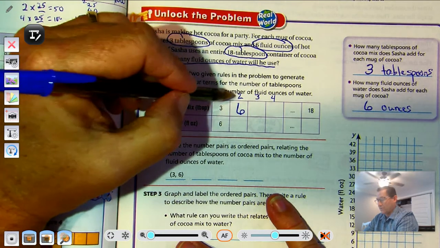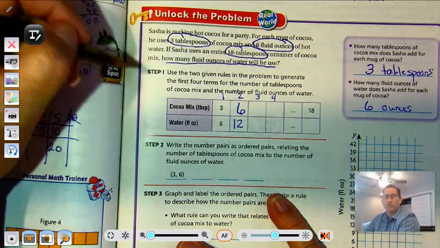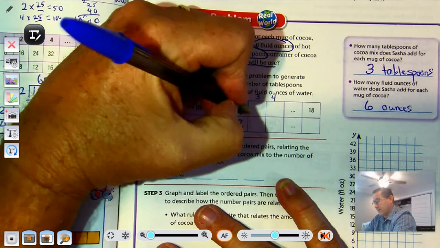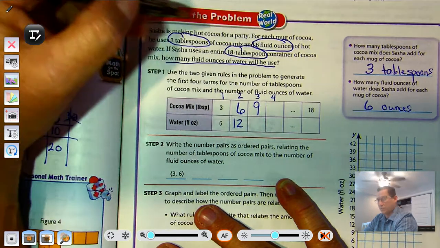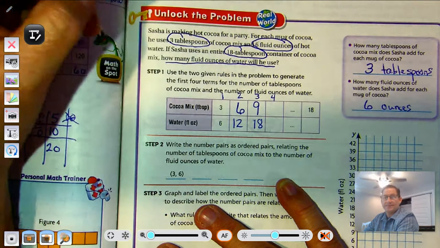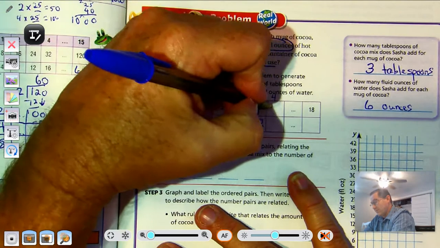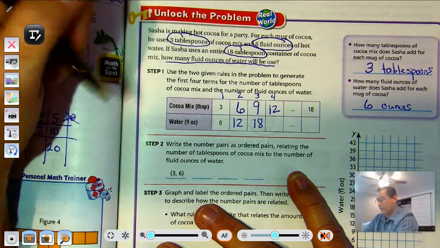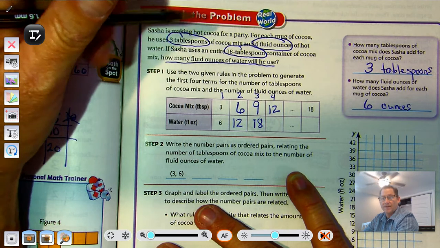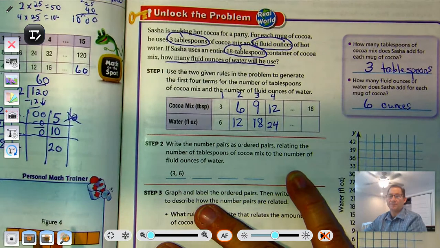So if we have 2 mugs of cocoa, that means I'm going to have 2 times 6 or 12 fluid ounces. For cocoa mix, if I have 3 mugs, it would be 9 tablespoons, and it would be 18 fluid ounces of water. In 4 mugs, I would use 12 tablespoons of cocoa mix, and I would use 4 times 6 or 24 fluid ounces.